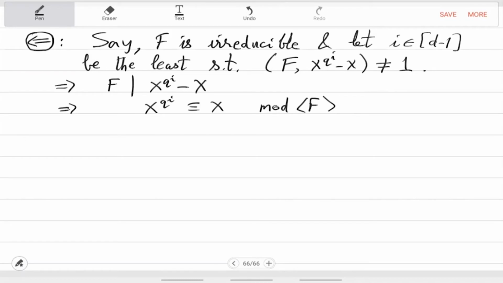So x to the q to the i is actually x mod big F, which is irreducible. So from this, what can you say about elements in this quotient ring?